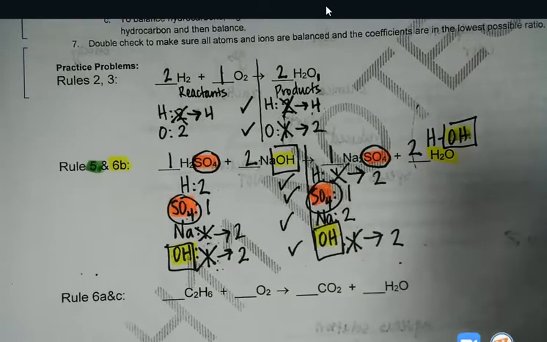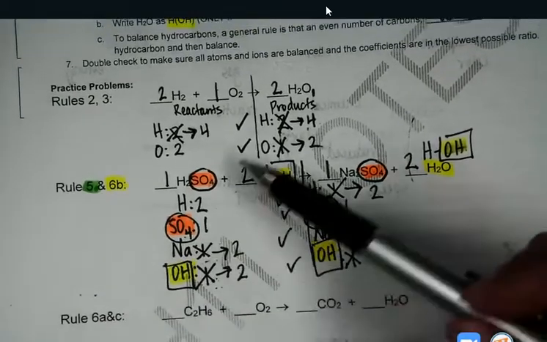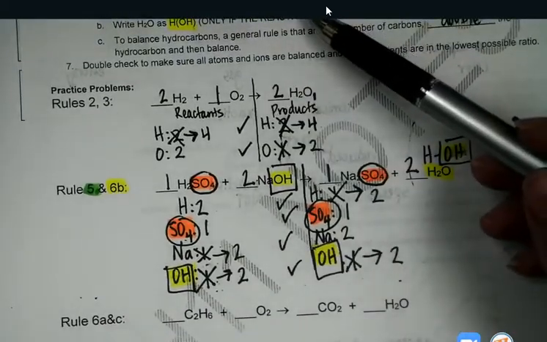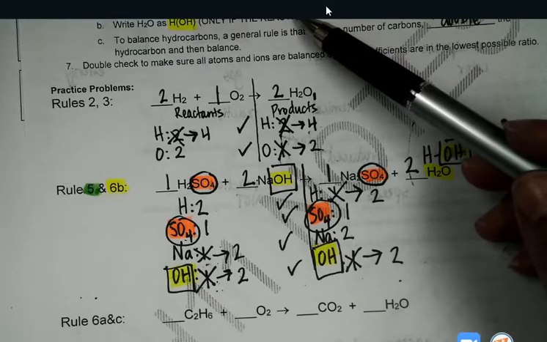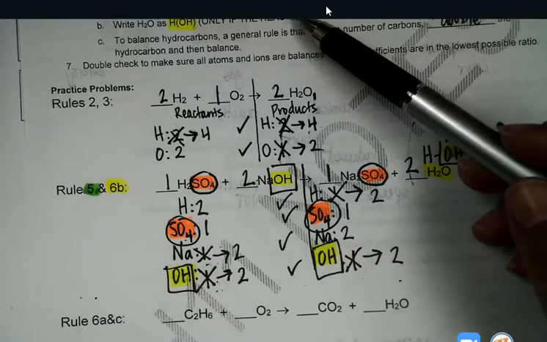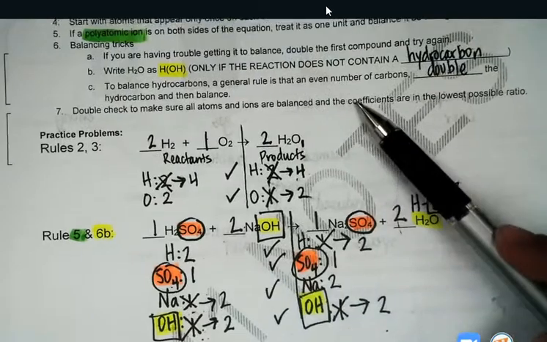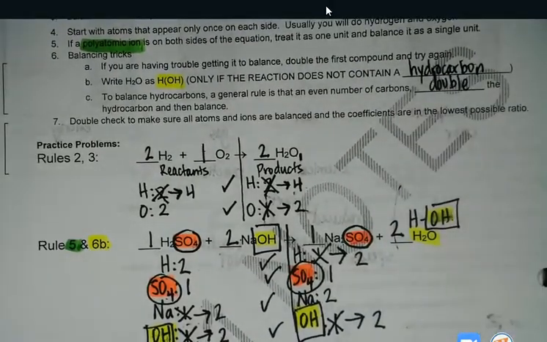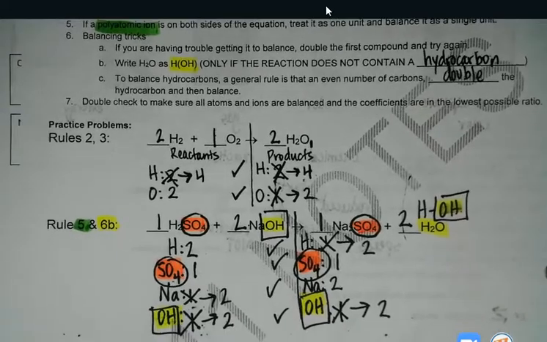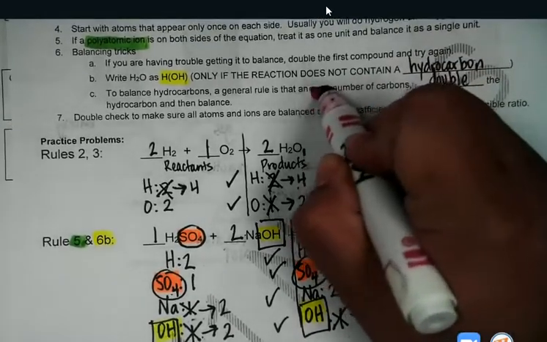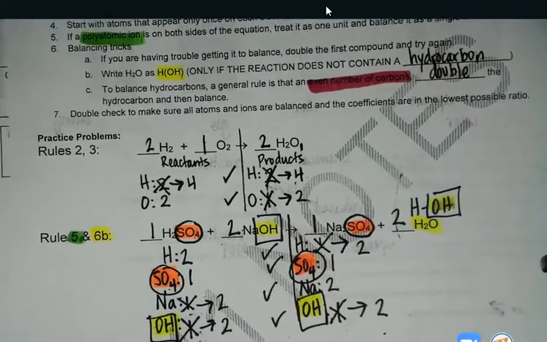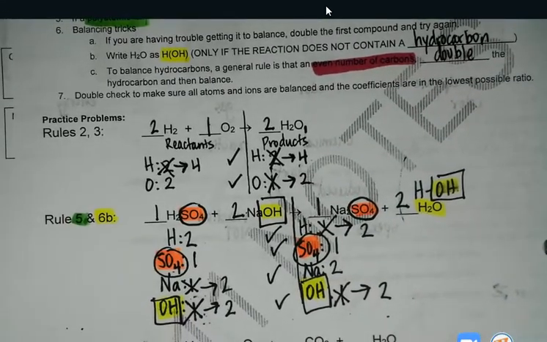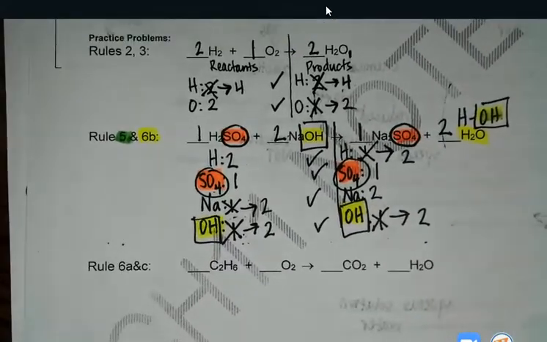Rule 6A and C now is what we're going to look at. For 6A, it says, if you're having trouble getting it to balance, double the first compound and try again. C says that if you have an even number of carbons, double the hydrocarbon. What do we mean by that? Okay, if I have an even number of carbons, that's 6C, sorry.